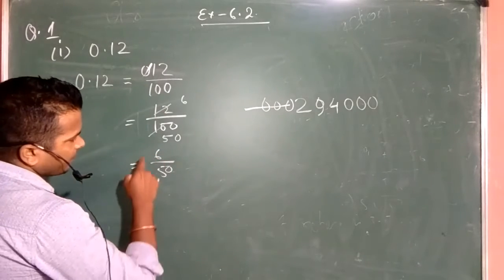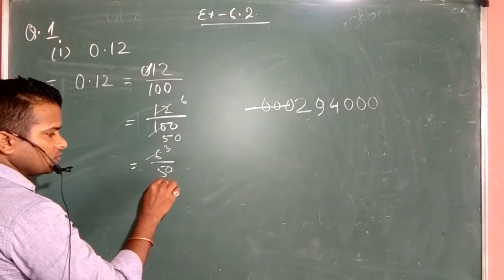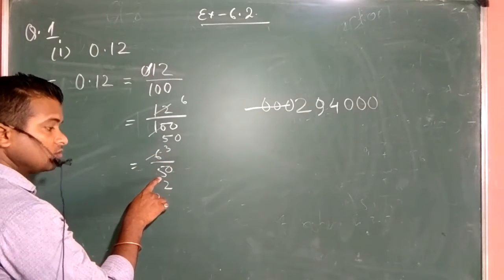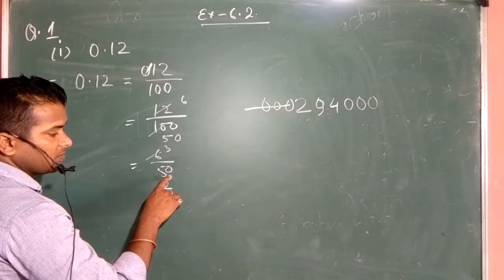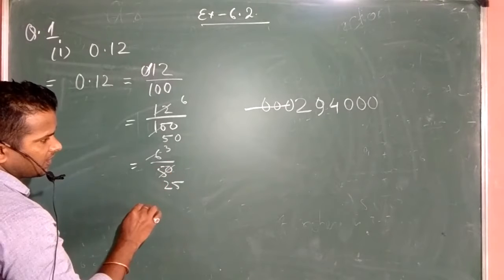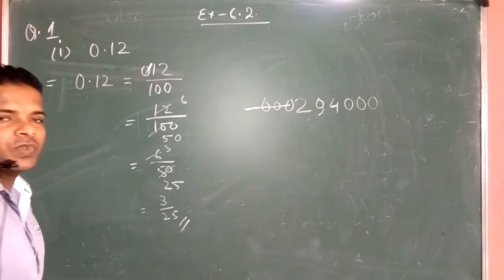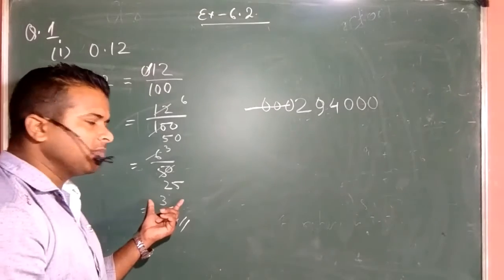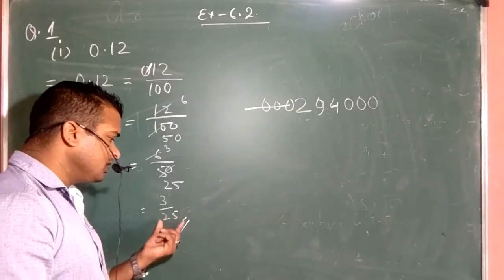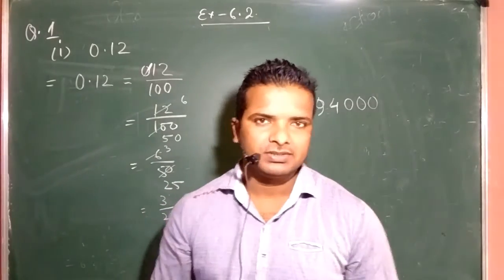We cut it again: 2 threes are 6 and 2 twenty-fives are 50. That means we are getting 3 by 25. Now 3 is a prime number, and in the table of 3 there is no 25, so 25 is not divisible by 3. That will be our answer.